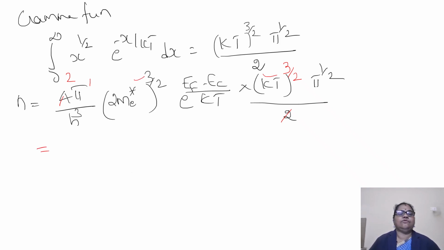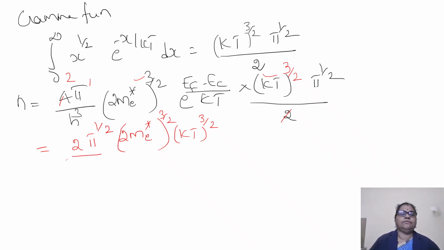So that's why 2 pi power half, (2m e star) to the power 3 by 2, (kT) to the power 3 by 2, by h cube.